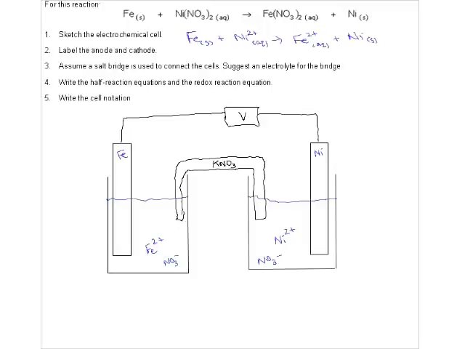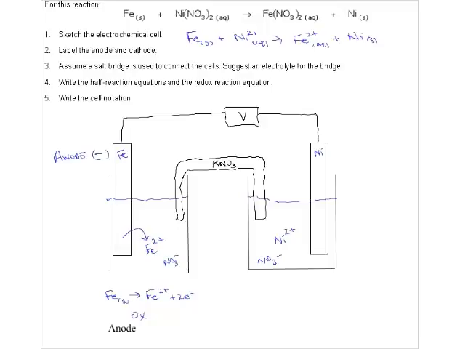So I know which one's being oxidized. It's the iron that's being oxidized. So in this half cell, we've got Fe solid producing Fe2+ and 2 electrons. So this is oxidation, which makes this the anode, because remember, LEO is anox, and the anode is going to be the site of oxidation, which makes the iron negative, because it's the anode.